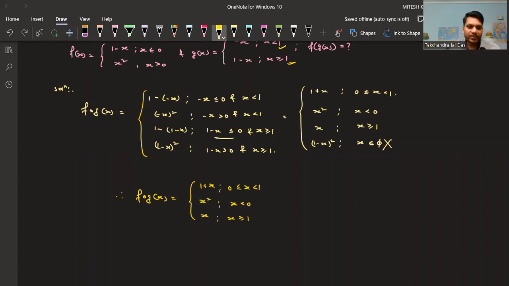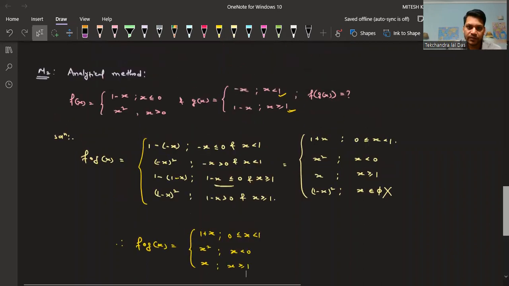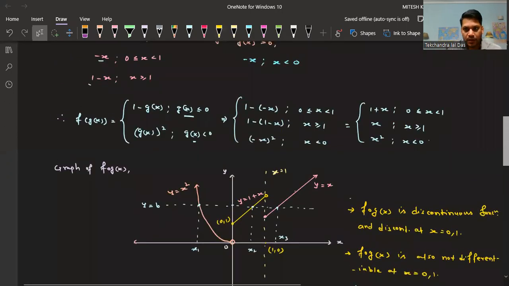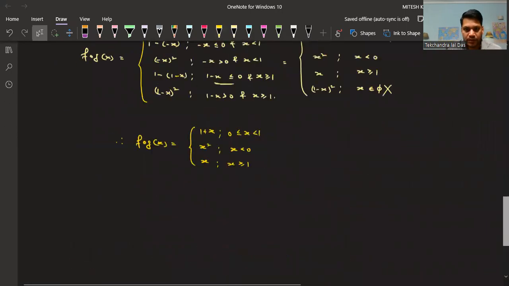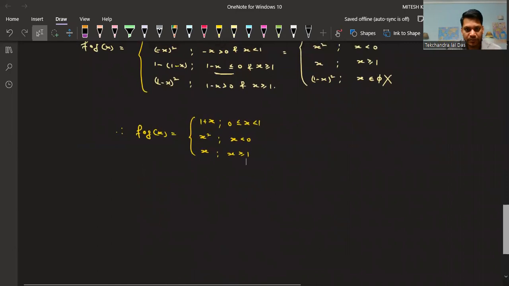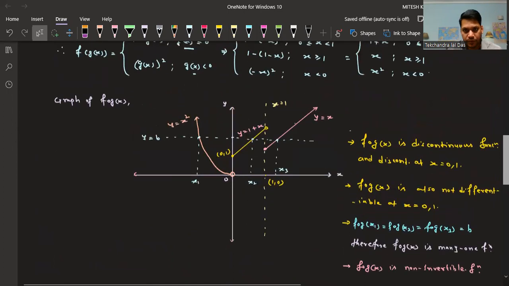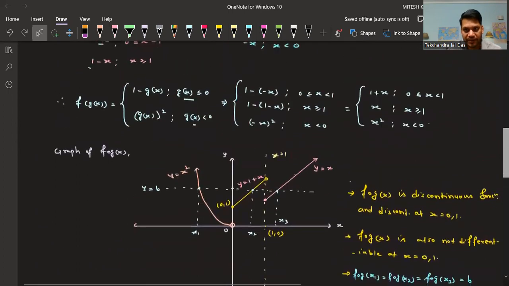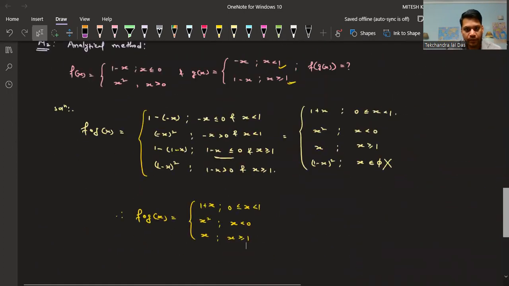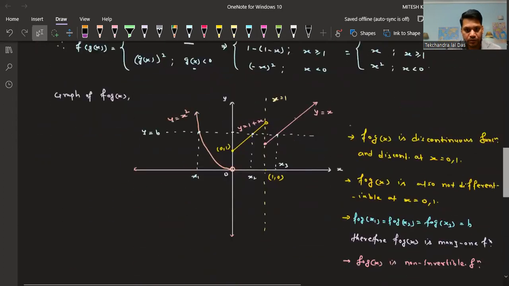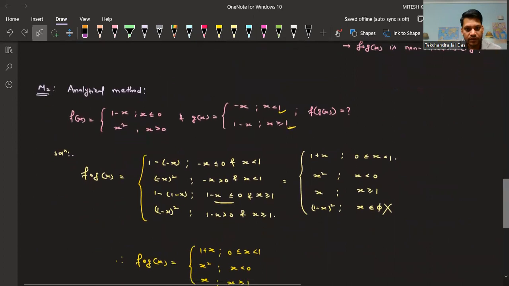Let's match this function with the answer we got earlier. We got 1 plus x for x between 0 and 1. Yes. Next, x for x greater than or equal to 1, and x square for x less than 0. Same answer we got here also.